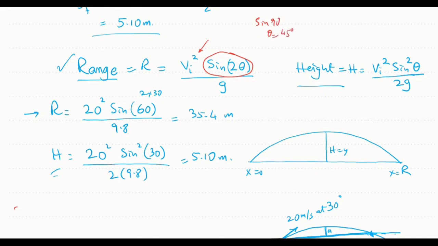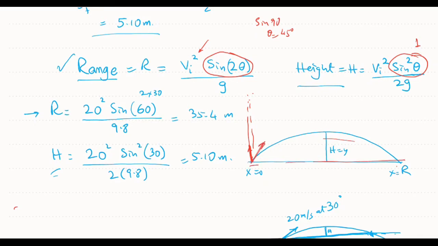So at 45 degrees it's going to cover the biggest distance, and the maximum height would be when sine theta is 1, which is at 90 degrees. So when you shoot it vertically up, it goes the highest, and at 45 degrees it goes the farthest.